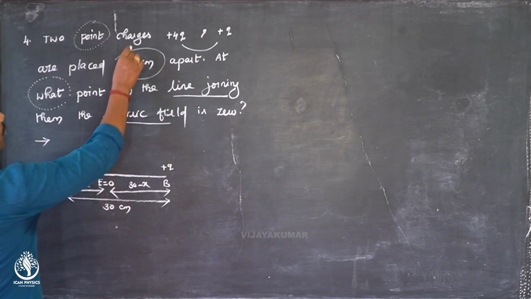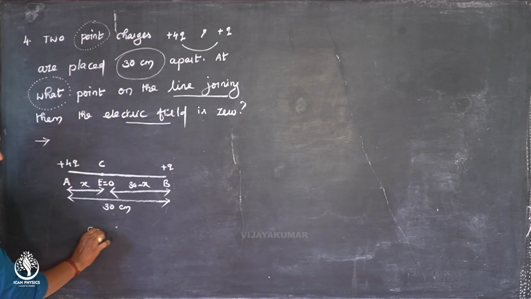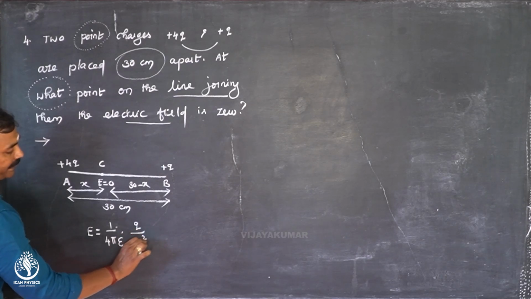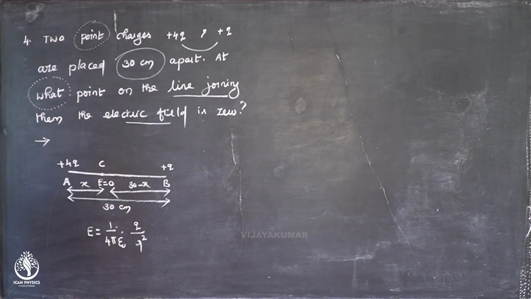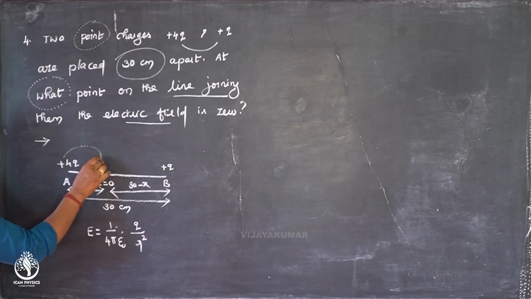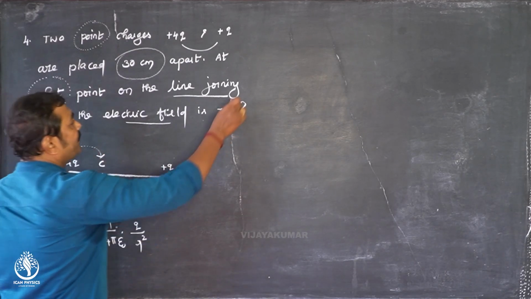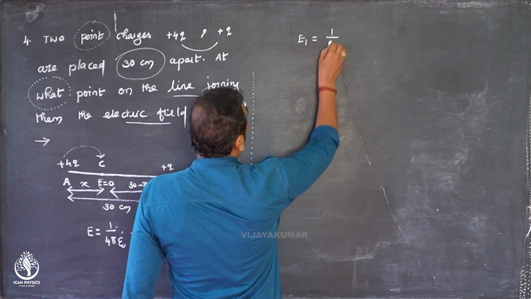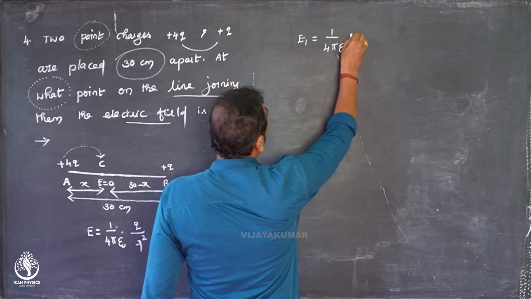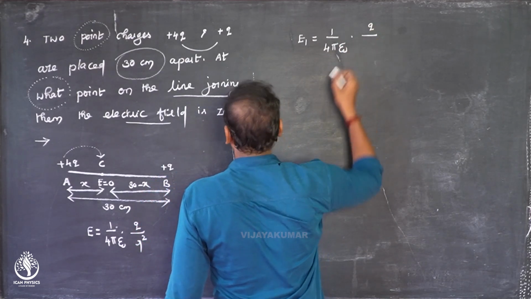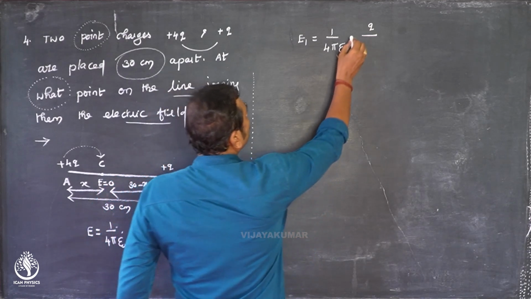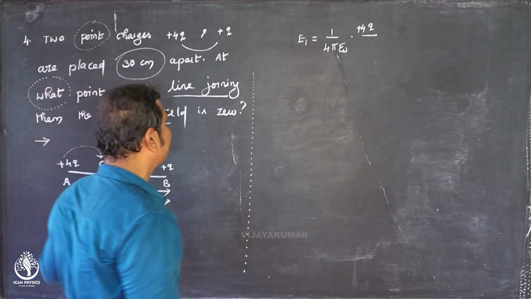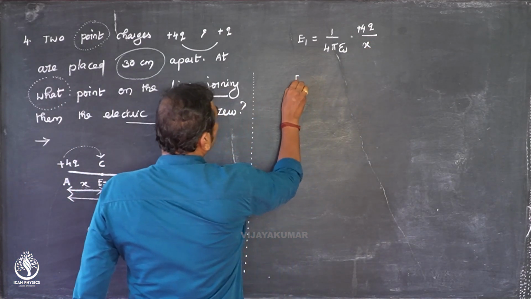For a point charge, the electric field E equals 1 by 4 pi epsilon 0 times q by the square of the distance. The positive charge 4q produces the electric field at the point C: E1 equals 1 by 4 pi epsilon 0 times 4q divided by x squared.